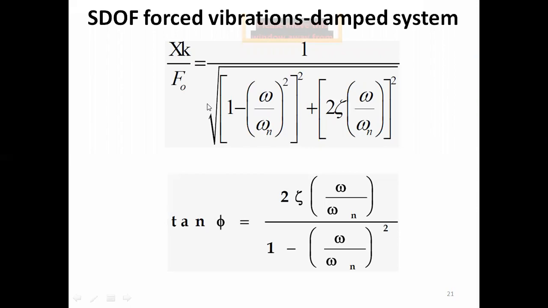I'm bringing that k on this side of the equation, so the quantity here would be capital X k. And here we have f naught, so I'm bringing that f naught on this side of the equation. So I have X k over f naught is equal to 1 over 1 minus omega by omega n whole square, whole square plus 2 zeta omega by omega n whole square under the root.